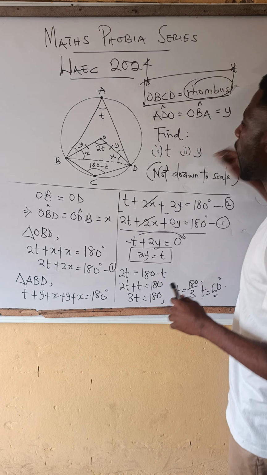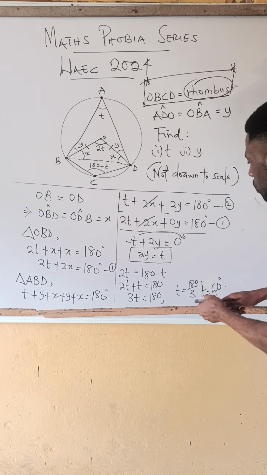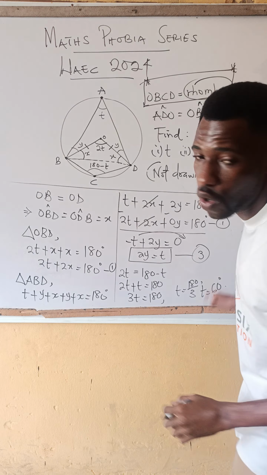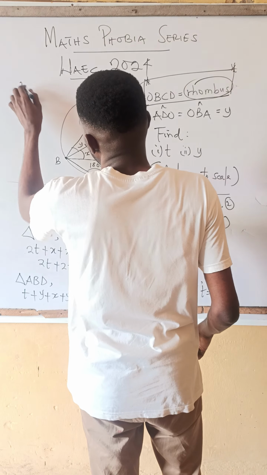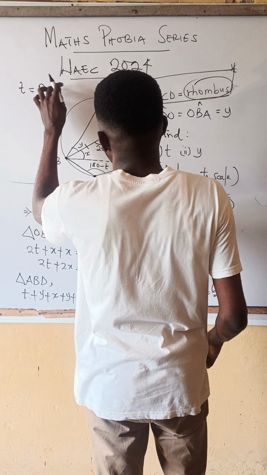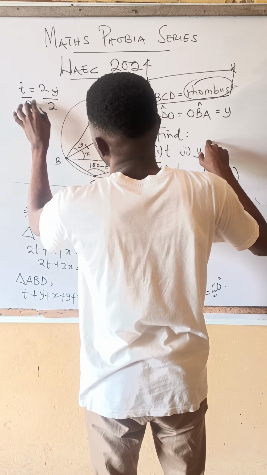Now, we've gotten t. How do we find y? We'll come back to this equation. Let's call it equation 3. And we know, don't forget, that t equals 2y. So we know that t is equal to what? 2y. I want to find y now, right? So meaning we divide both sides by 2.